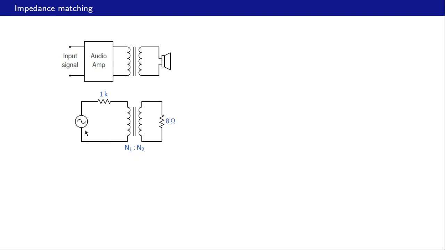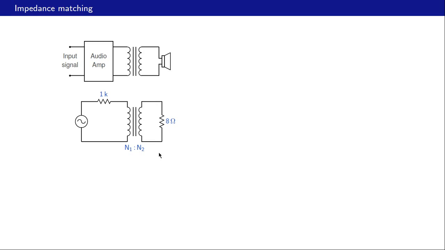This source here represents the input signal amplified by the gain of the audio amplifier, and then this 1K resistance here is the output resistance of the audio amplifier, and then we have the transformer with a turns ratio N1 to N2, and finally the speaker, which is represented by this 8 ohms resistance here.